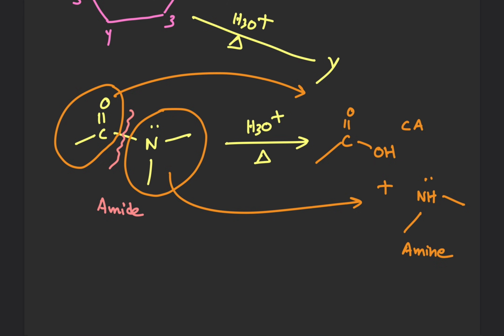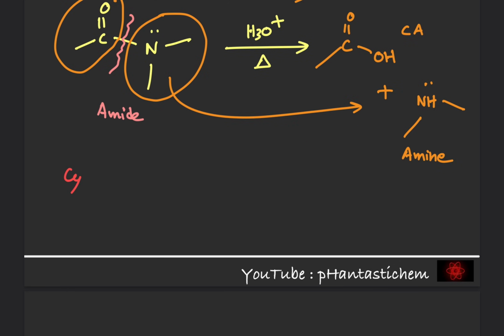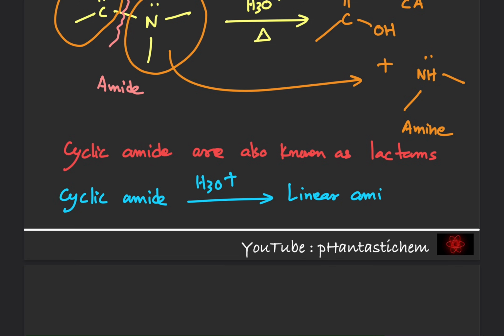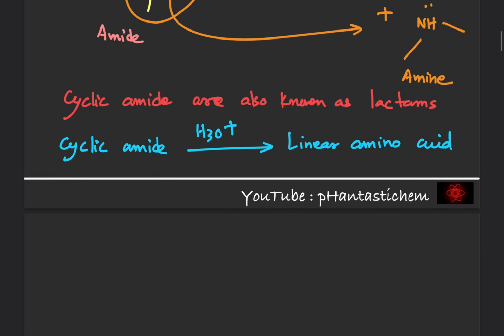Okay, so in the question we start with caprolactam, which is an example of a cyclic amide, which are also called lactams. Okay, important. Cyclic amides are also known as lactams. Okay, hydrolysis of a cyclic lactam results in a linear amino acid. Very important. Okay, so whenever we have a cyclic amide and we do its hydrolysis, we will get a linear amino acid.